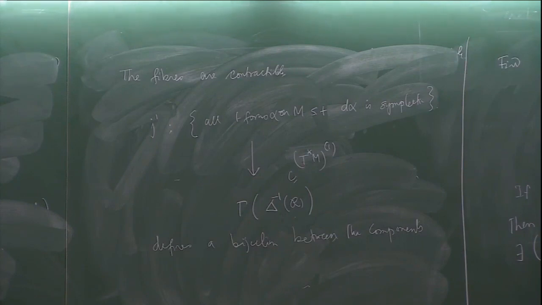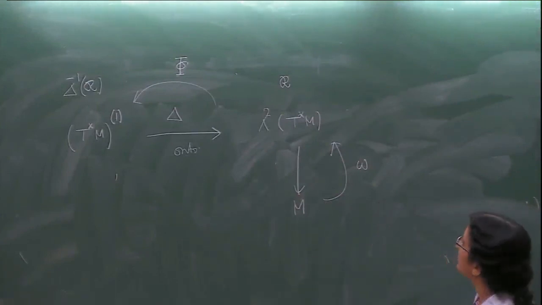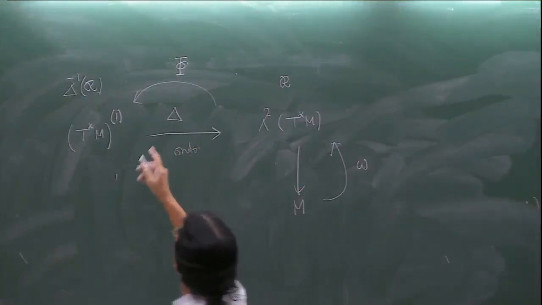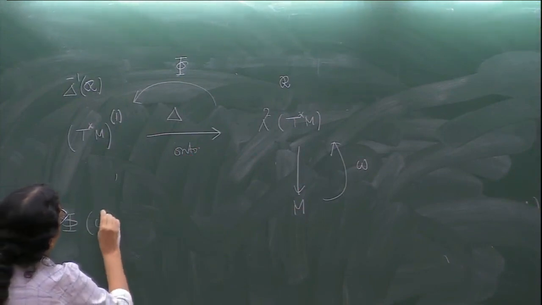As I said that this is onto map and the fibers as contractible, so you have a map going into this direction, which is a section. So you start from, so let us look at this. Suppose you have a omega. You go to capital phi of omega.